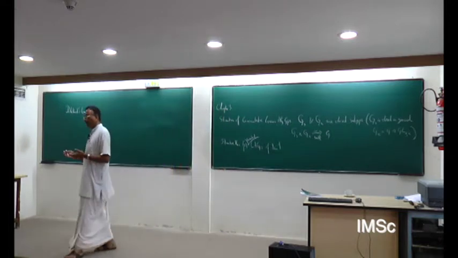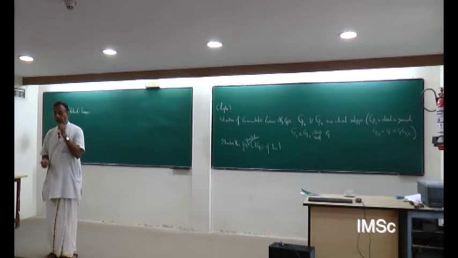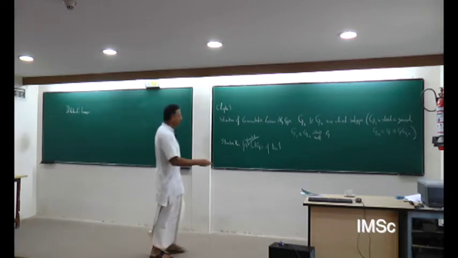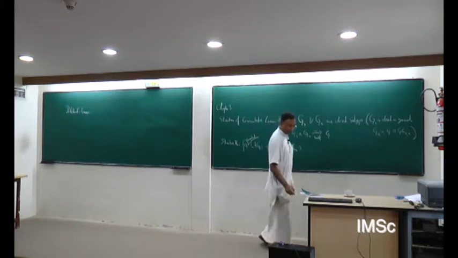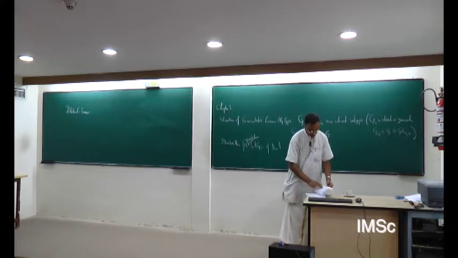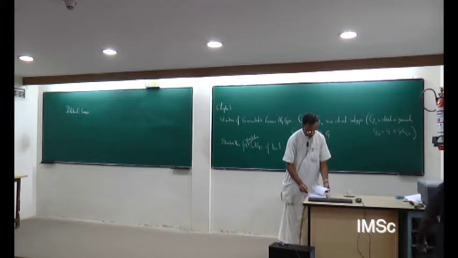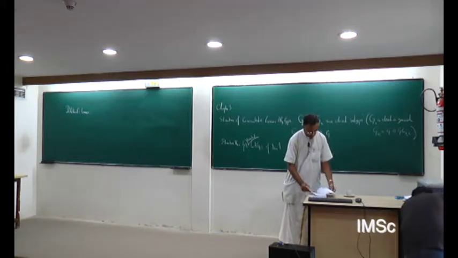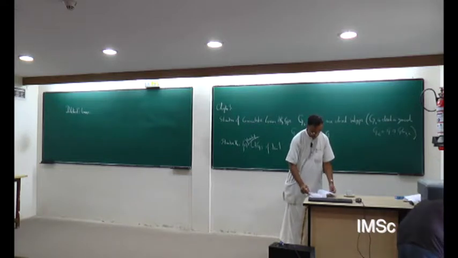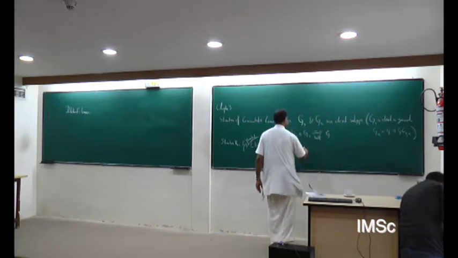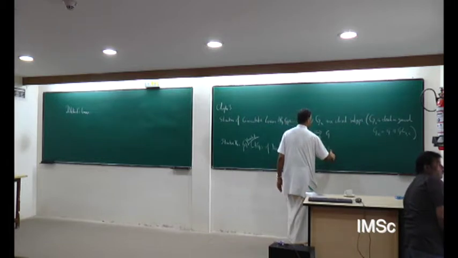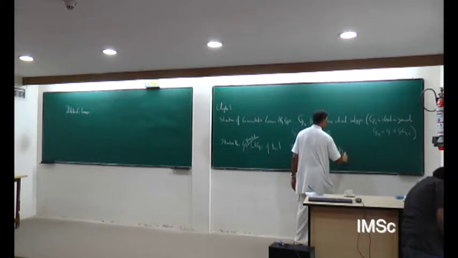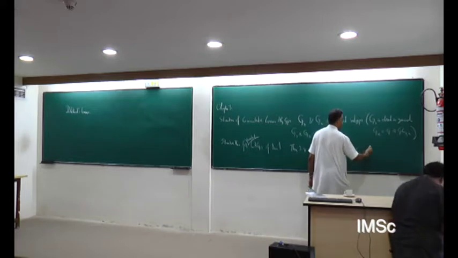So if you have a connected linear algebraic group of dimension 1, then a later theorem, 3.4.9, says that G is equal to GM or G is equal to GA.